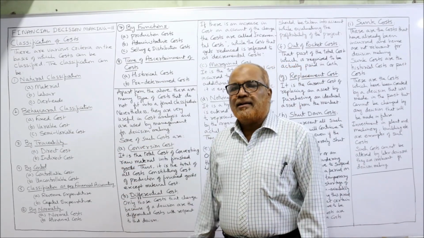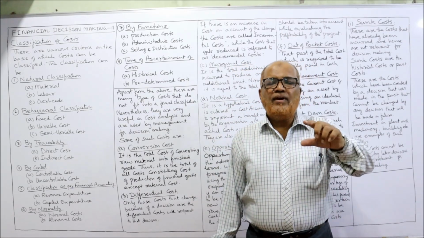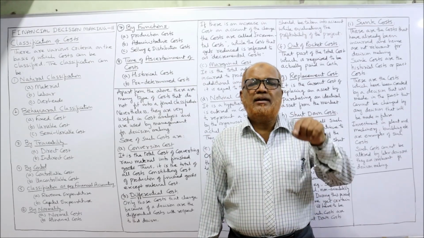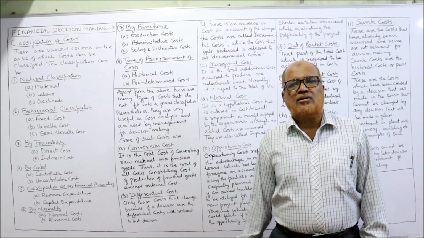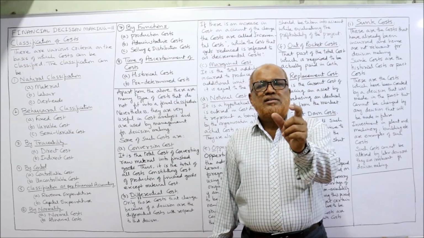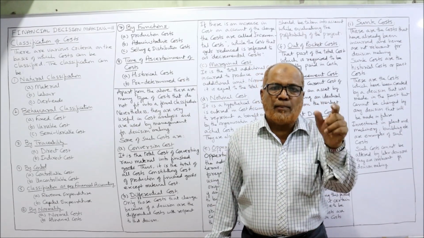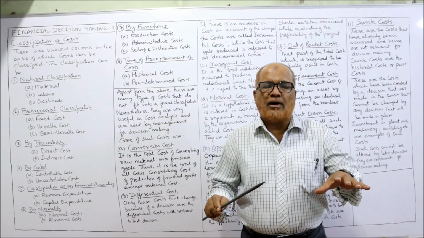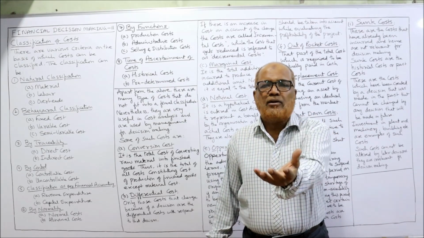Third one is by traceability. By tracing where the cost is incurred, on the basis of traceability, the cost can be classified as direct cost and indirect cost. Direct cost is the cost which is specifically incurred on a particular product, the cost which can be identified with a particular product.